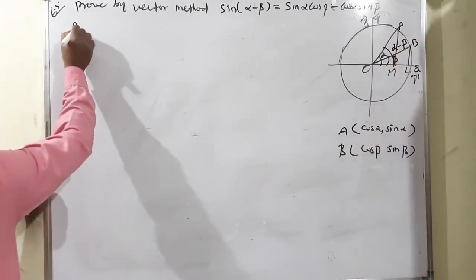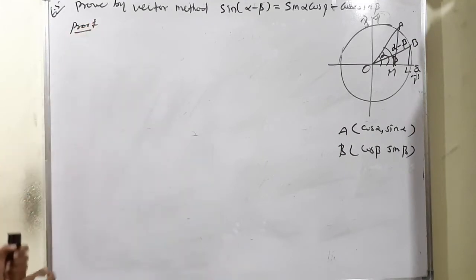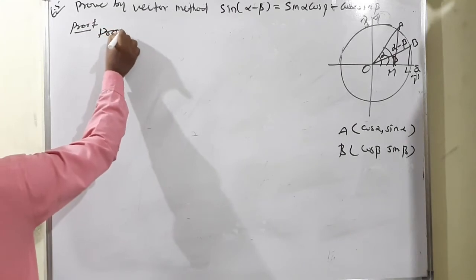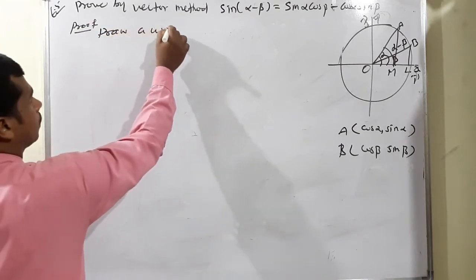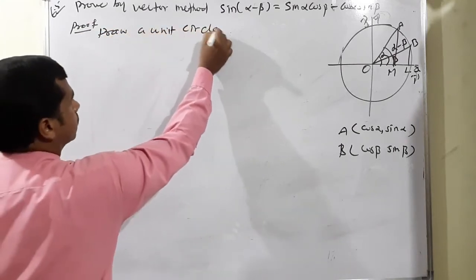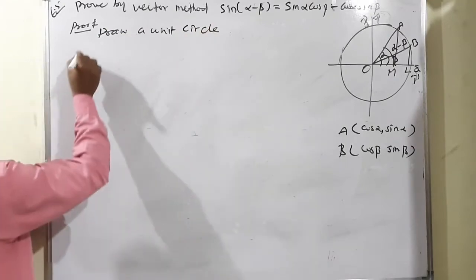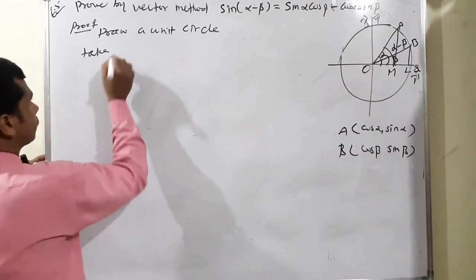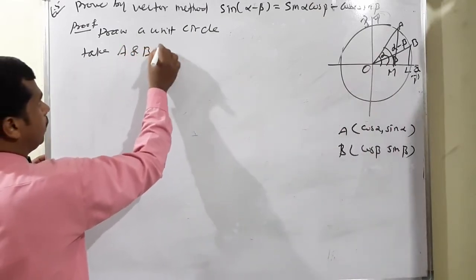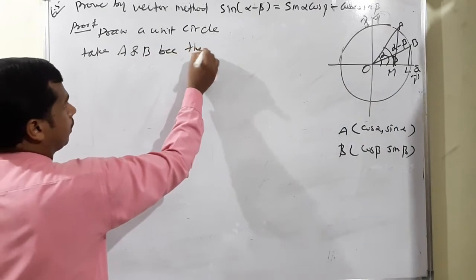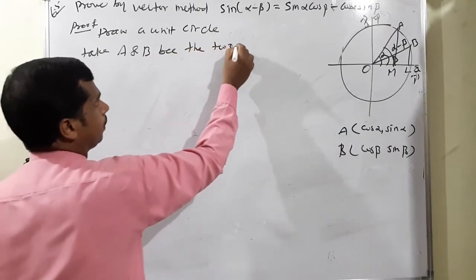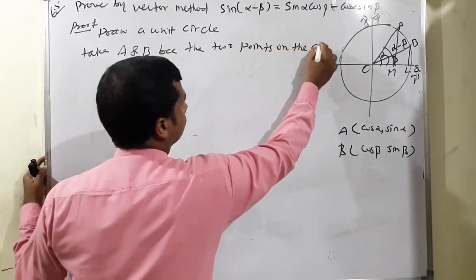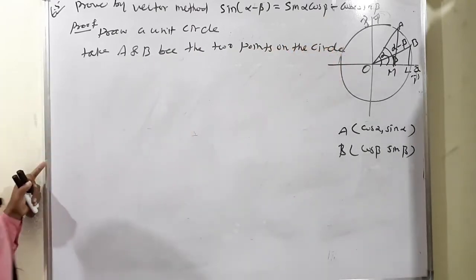Now the proof: draw a unit circle, the first point. Then take two points A and B on the circle.